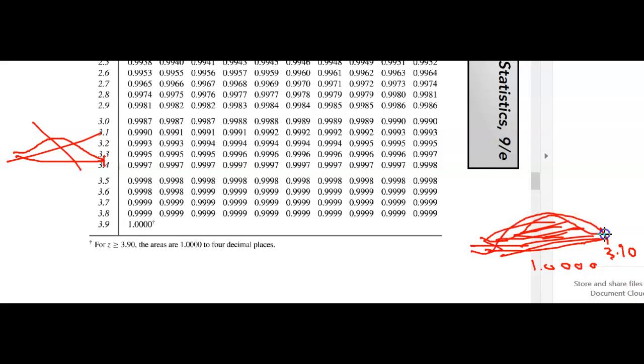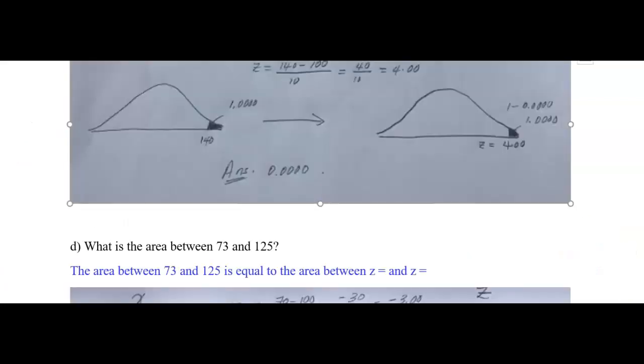Remember, it's a normal curve, so since we know that the entire area is 1, we already have 1. It means on the right side here, there's no area. The area is 0. So certainly at 4, the right side of 4 would also be 0. There's nothing there, because the left side already has everything. So the area to the right side of 140 is 0.